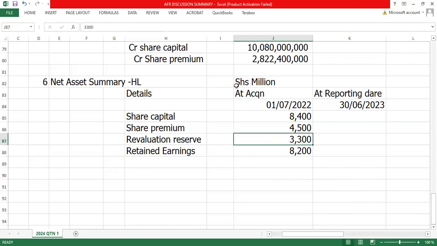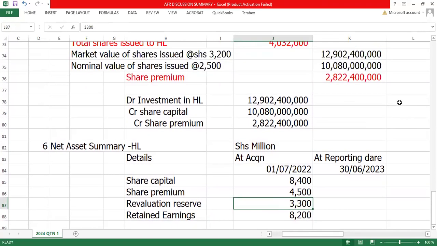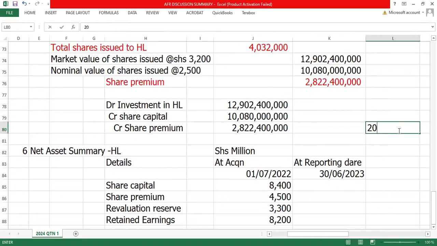Now, guys, the other 20 came at the reporting date. That one will not have an impact on what you're doing. It will just have an impact on NCI.